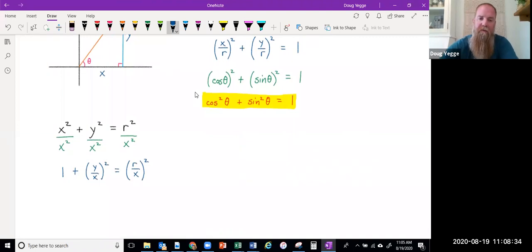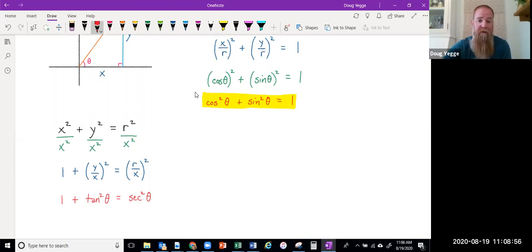But now notice that those are some common ratios as well. Y over x is the same as tangent. So we could rewrite this as 1 plus tangent squared theta is equal to secant squared theta.